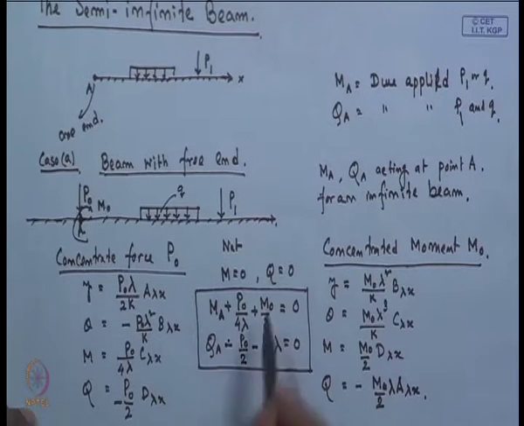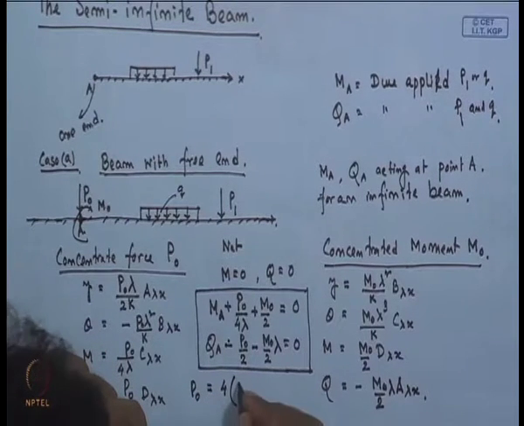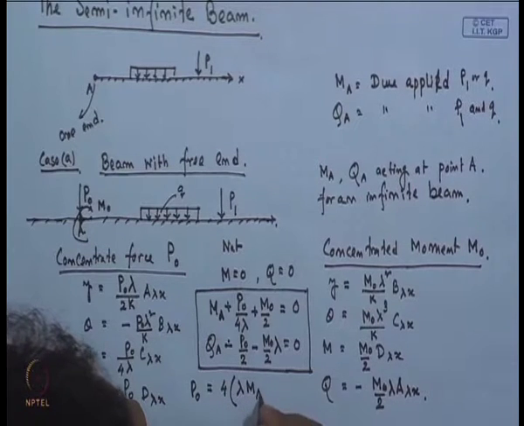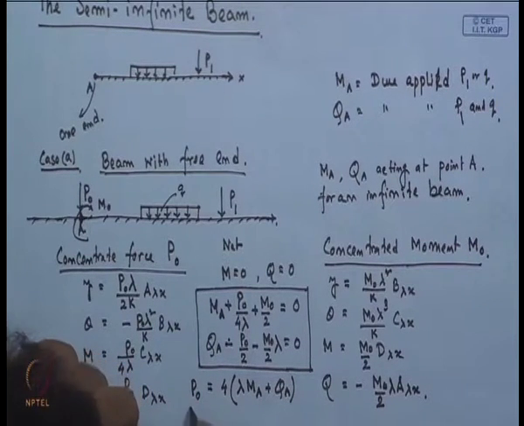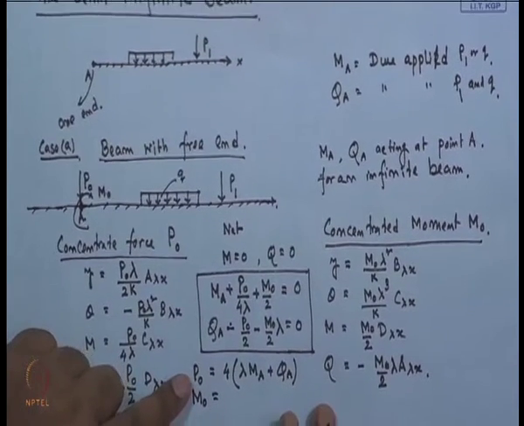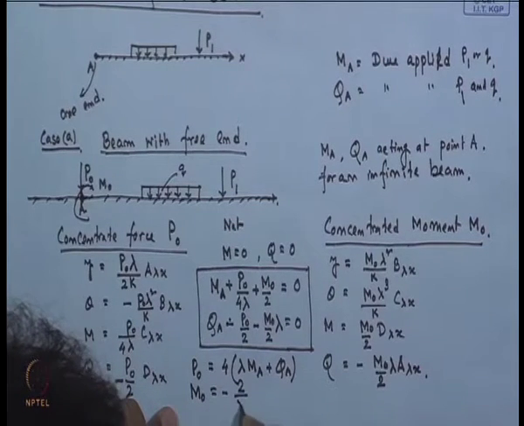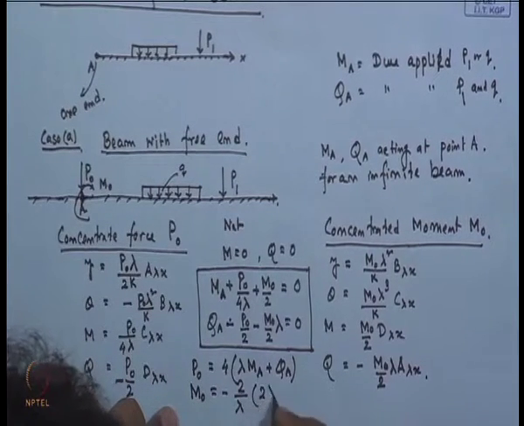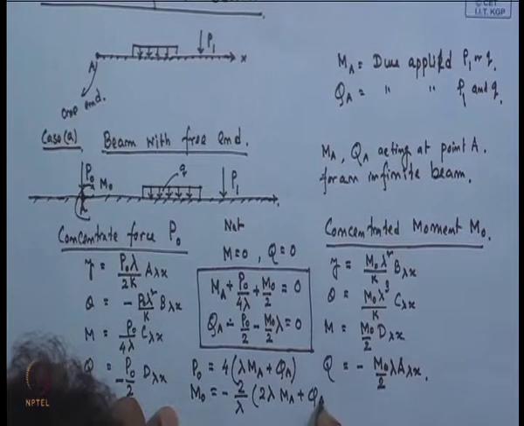After solving these two expressions, we will get P 0 is equal to 4 lambda times m a plus Q a, and similarly m 0 will be equal to minus 2 by lambda times 2 lambda m a plus Q a.